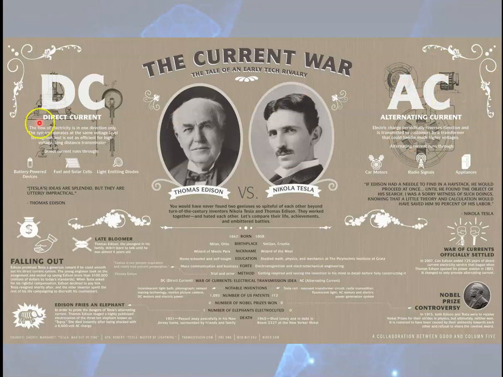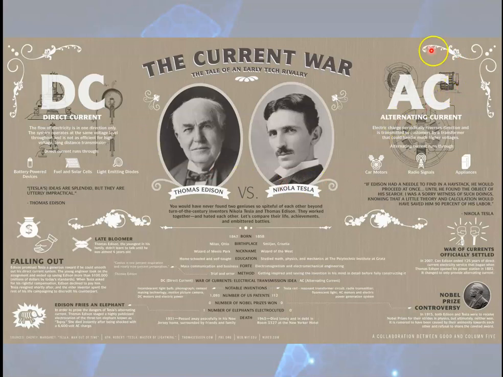So DC is basically the flow of electricity in one direction only. The system of DC operates at the same voltage level throughout and is not efficient for high voltage. But DC is used for long distance transmission, where the direct current will run through.